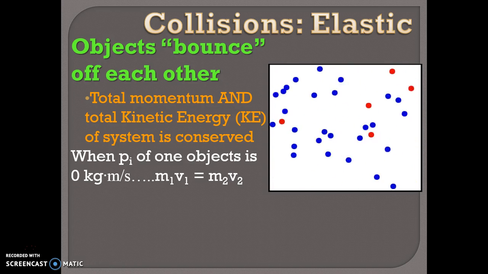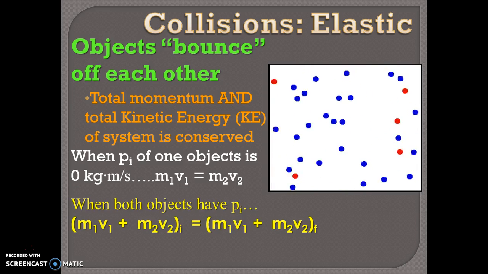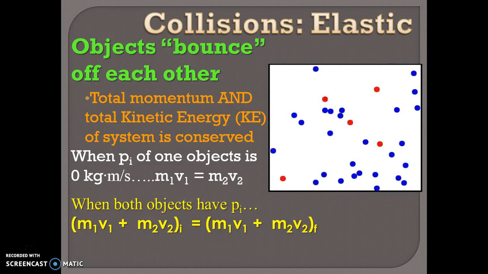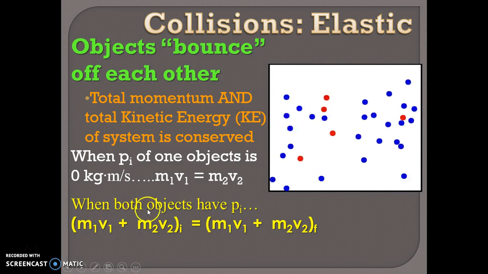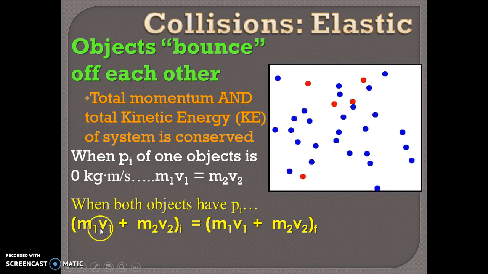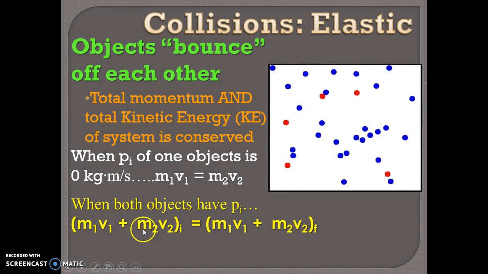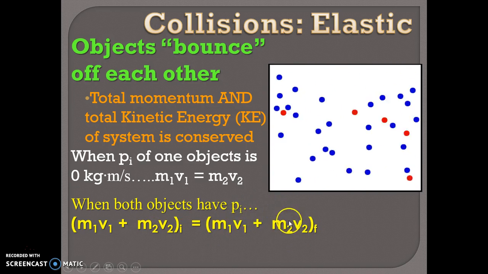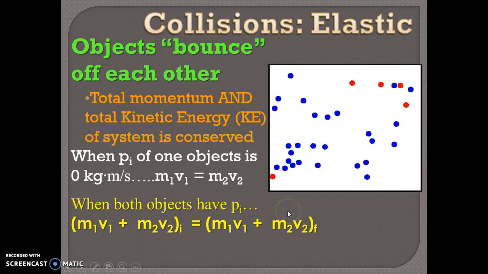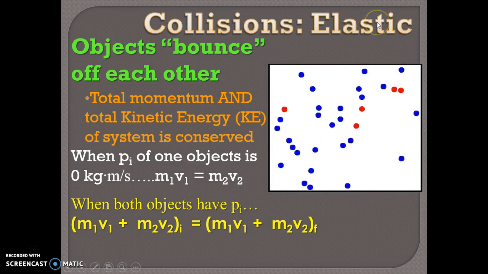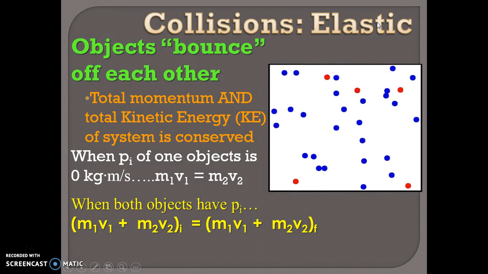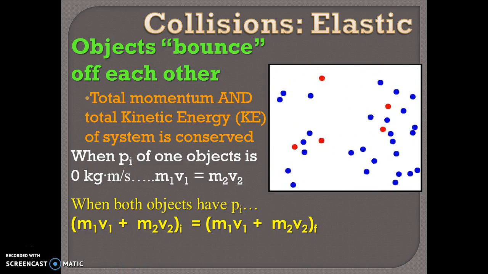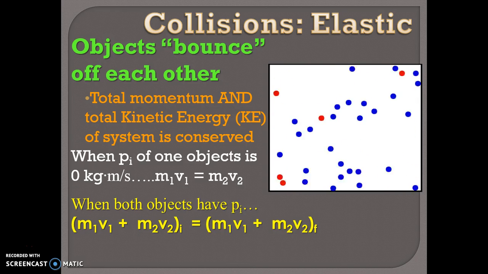The next box underneath says when both objects have some initial momentum, we'll stretch this out and say in the beginning the 2 objects have their own momentum and they're separate. In the end, the 2 objects will have their own momentum and still be separate from each other. They do not combine together. An elastic collision keeps those objects that are colliding as 2 separate entities before and after the collision.